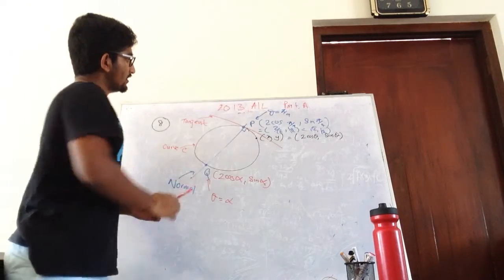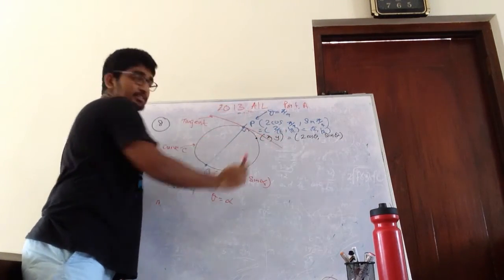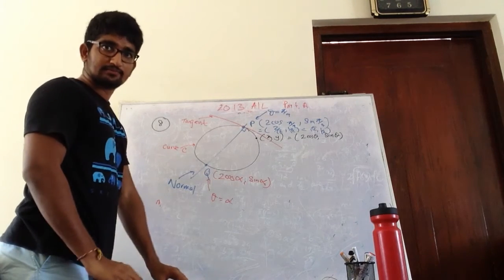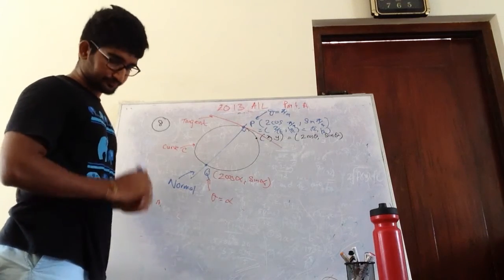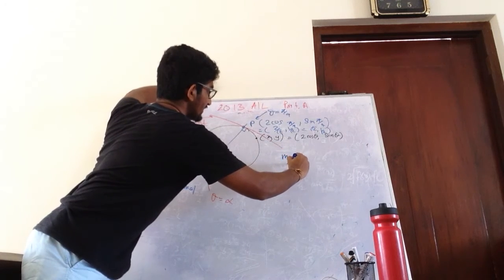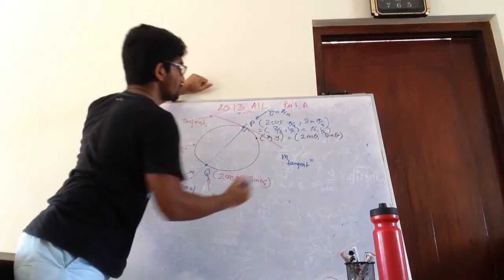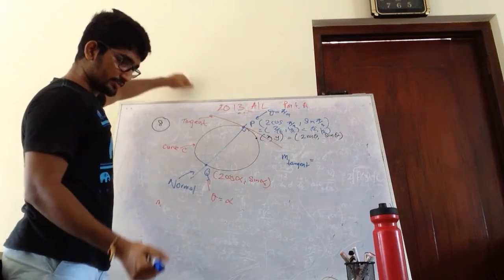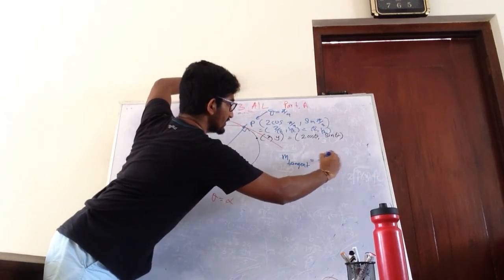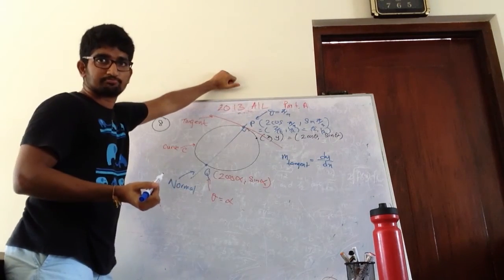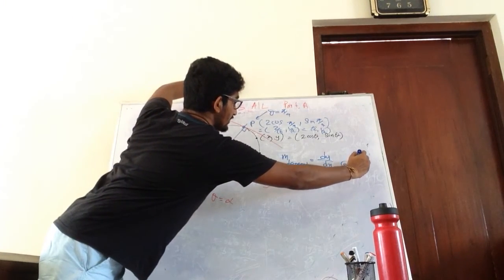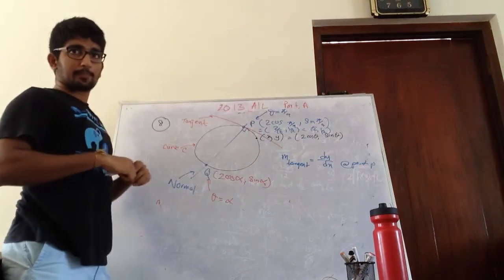You can get the gradient of this tangent by differentiating. So m of the tangent is going to be equal to dy over dx at point P, correct?